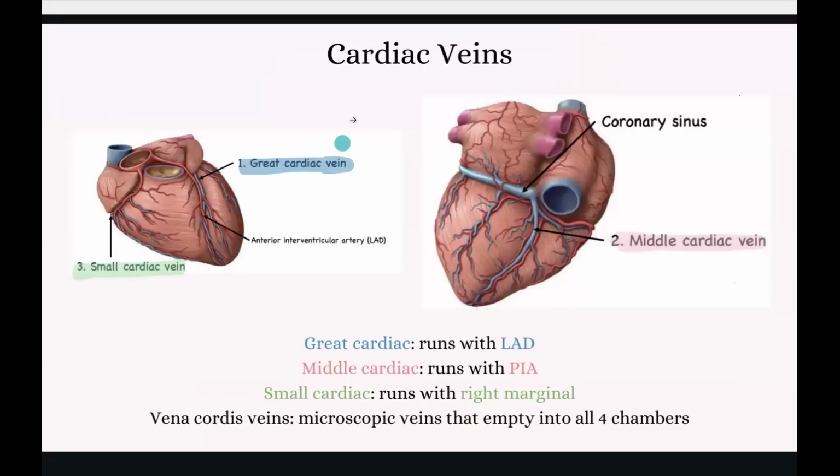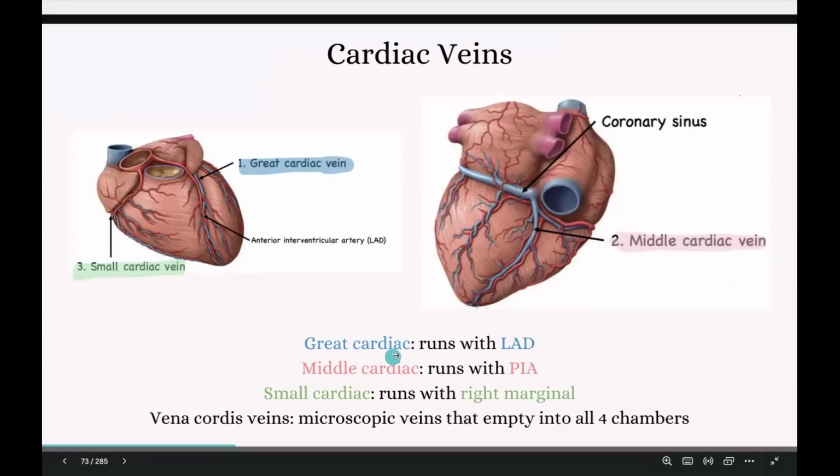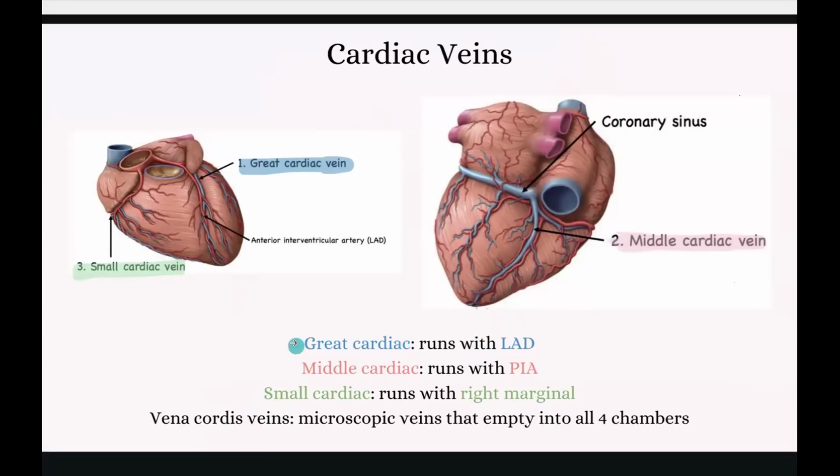Next, let's talk about the cardiac veins. The main venous drainage of the heart is through the coronary sinus, which drains into the right atrium. We have three main veins that you need to know, and you need to know which artery each runs with. So you have the great cardiac vein. This is the anterior part of the heart. The great cardiac vein runs anteriorly with LAD, and then the middle cardiac vein, you can see it in the back, runs with PIA.